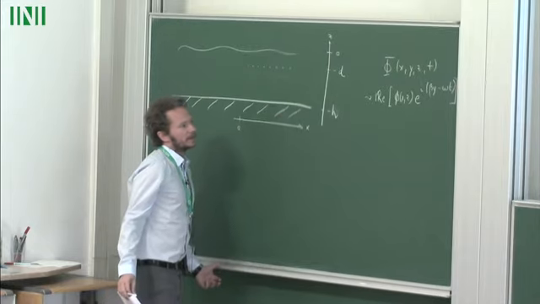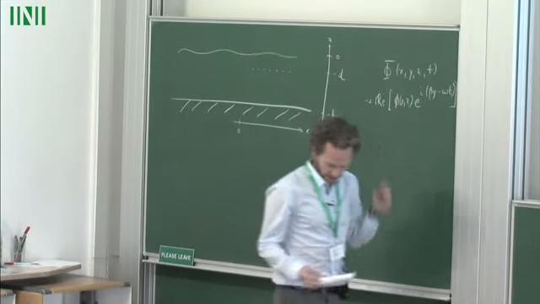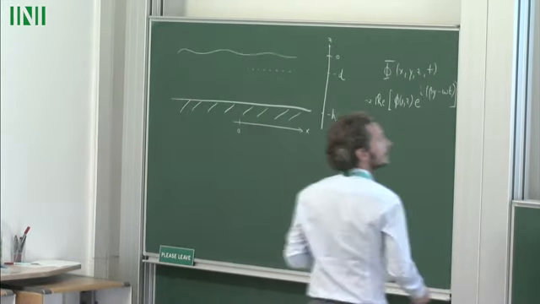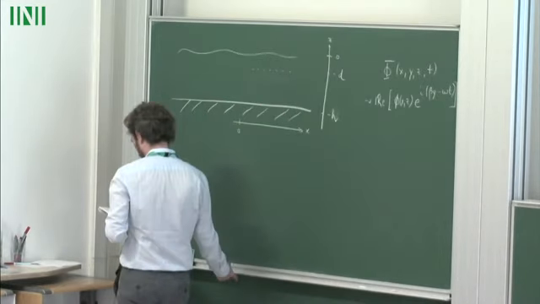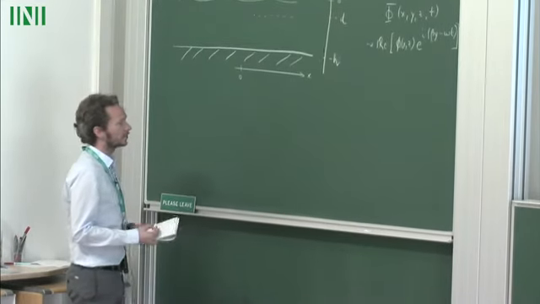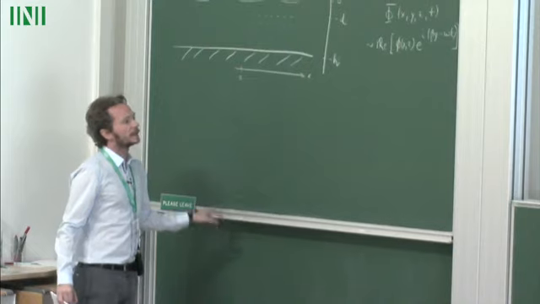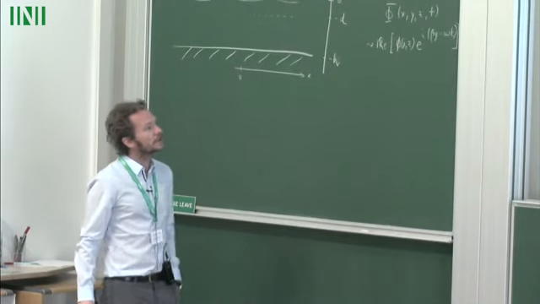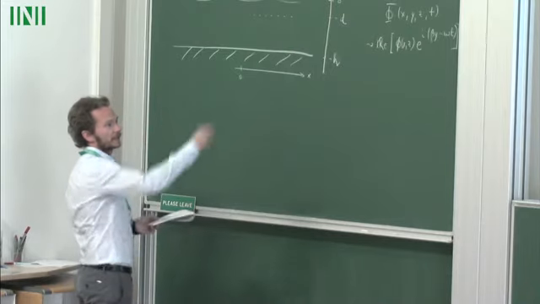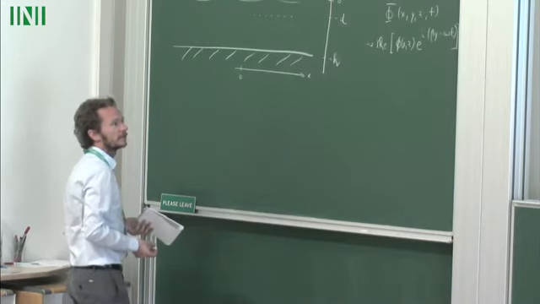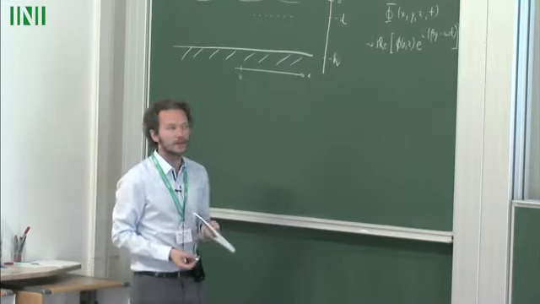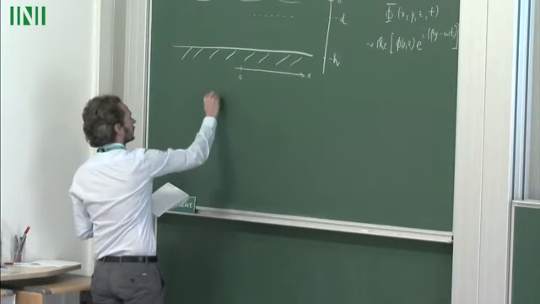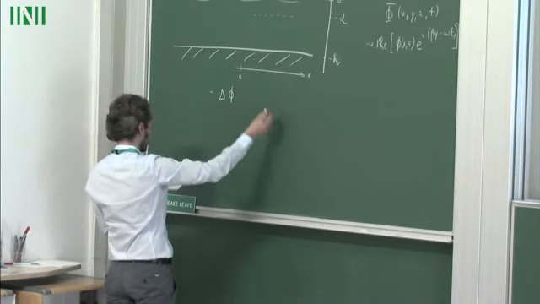Okay, and then my unknown is my complex potential, right? So how do I get the equations for water waves? Well, I have incompressible flow, so the divergence of the velocity should be 0. So if I stick in the relation between the velocity and the potential, I have to solve Laplace's equation.